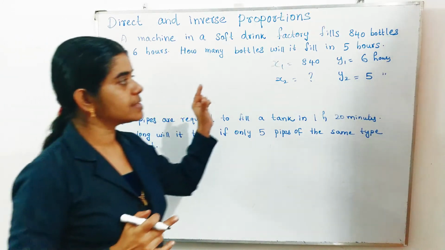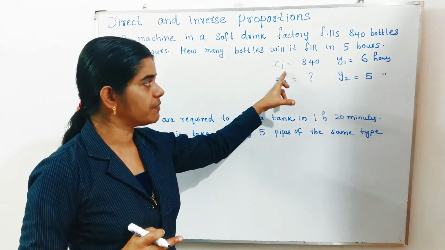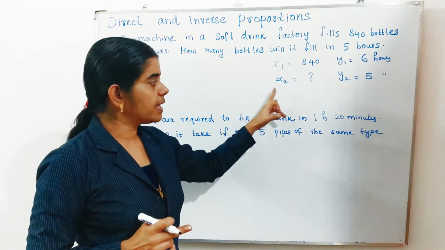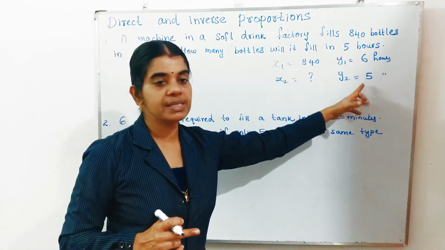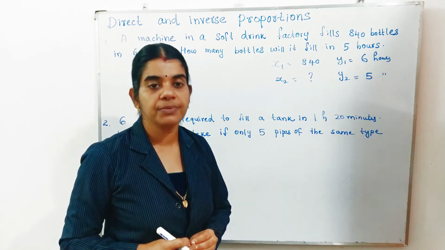From the first sentence we get x1 is 840 and y1 is 6. x2 is not given, y2 is 5. So you want to find out how many bottles are filled in 5 hours.